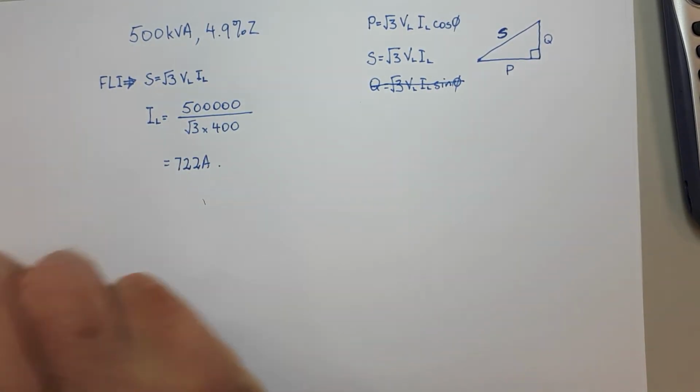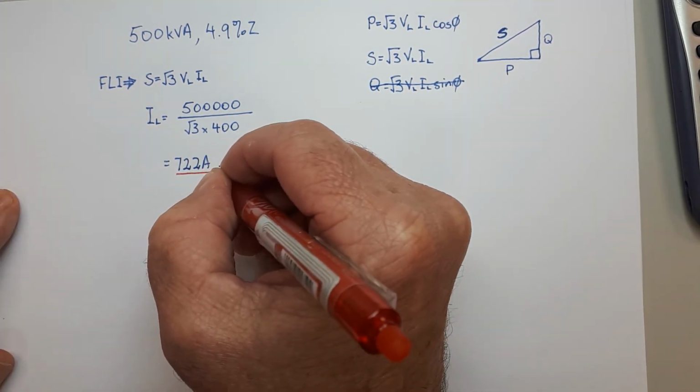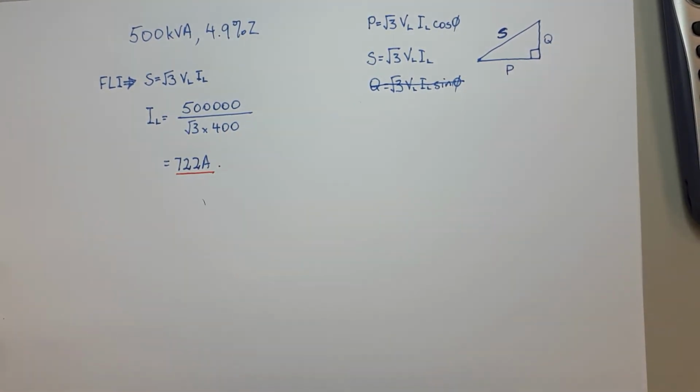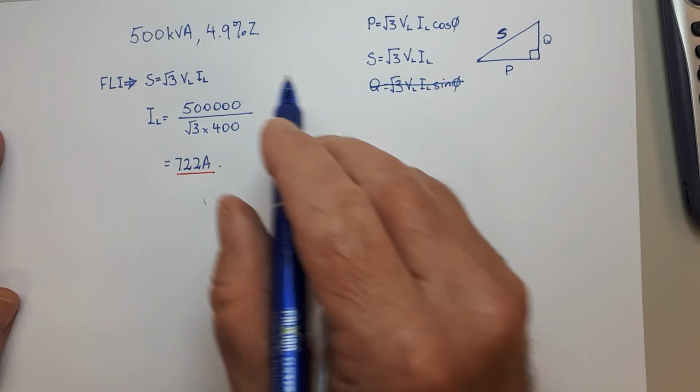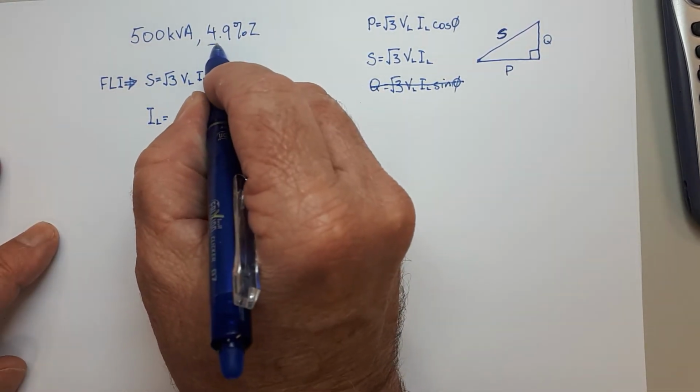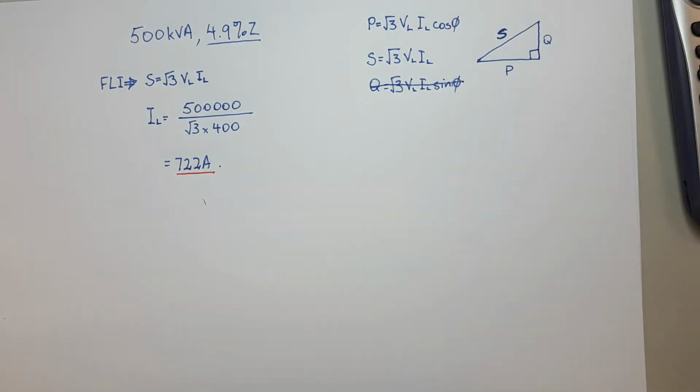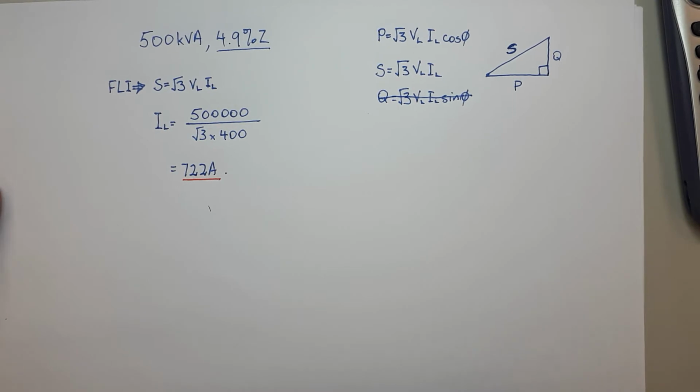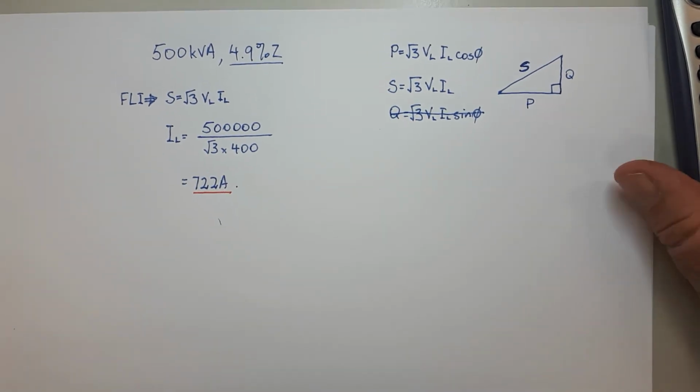Well, that's the first thing that you've got to find. But there's another step that's more useful. We want to know the prospective fault current of the transformer, and that's where your percent impedance comes in. We can go back over our theory from 2A, but I'll leave that to you.